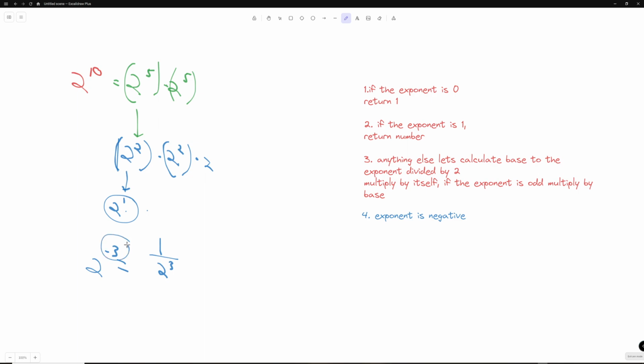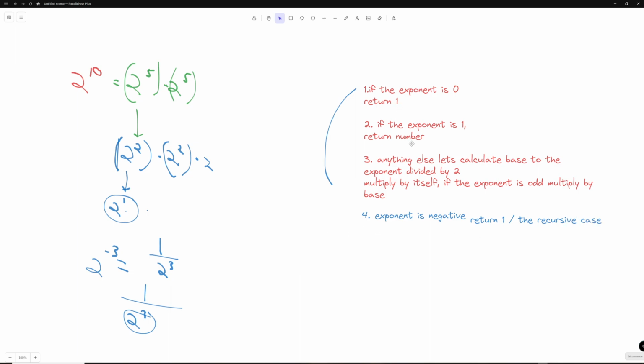So whenever we have a negative exponent, we can just recurse, and let's return 1 over this whole power thing. So it'll be like 2 to the 3. And then we can calculate this in a normal way, right? Like we can calculate this doing our normal steps. So if our exponent is negative, let's return 1 over the recursive case here. And that's how we would get rid of the negative exponent.